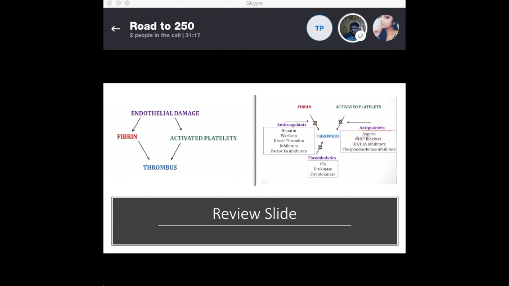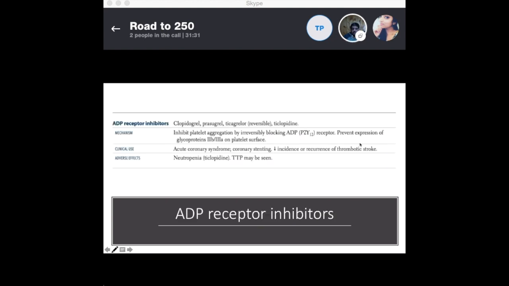But we will talk about the ADP blockers, the 2B3A inhibitors, and your phosphodiesterase inhibitors. This gives you a general view of how things are broken down. Your ADP receptor inhibitors include clopidogrel, prasugrel, ticagrelor, and ticlopidine.